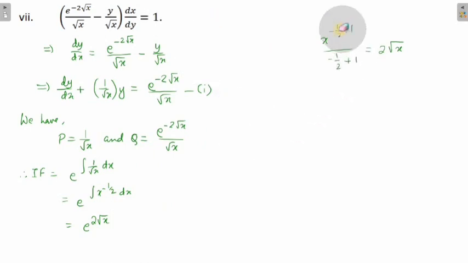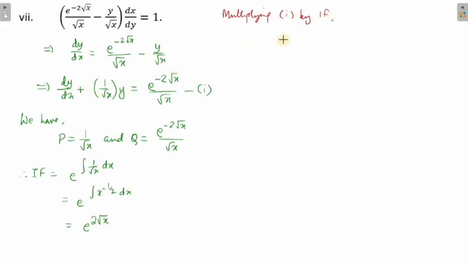So let me erase this rough part. I hope this is clear to you. So I got my integrating factor as well. Let's multiply equation 1 by the integrating factor.